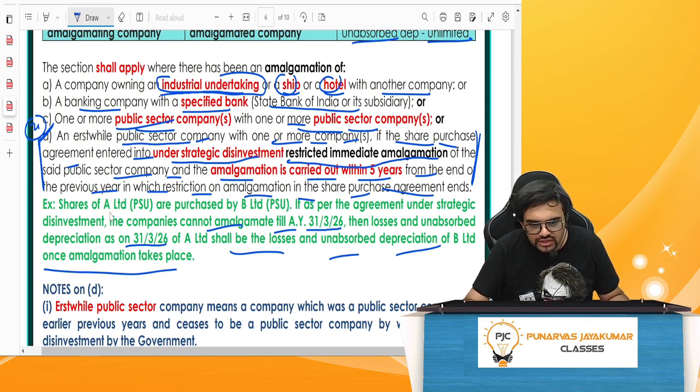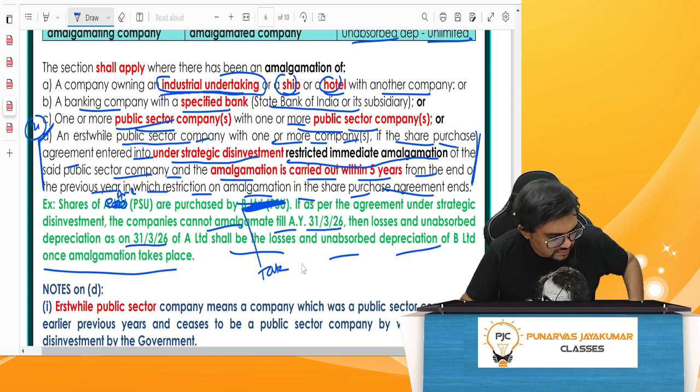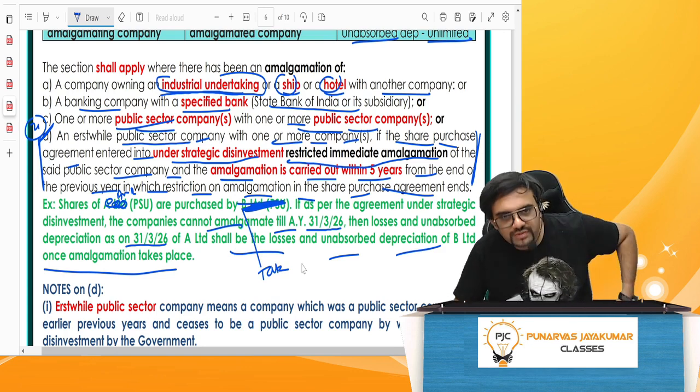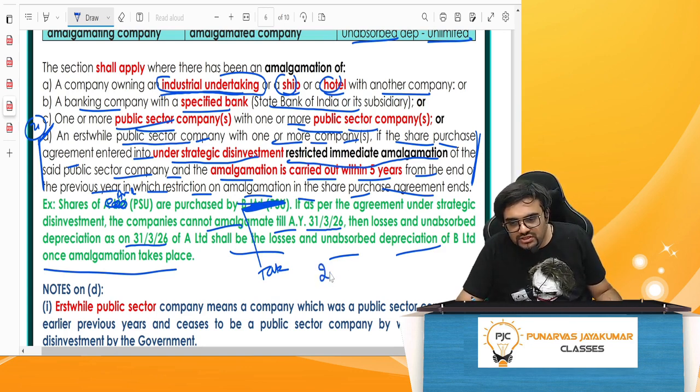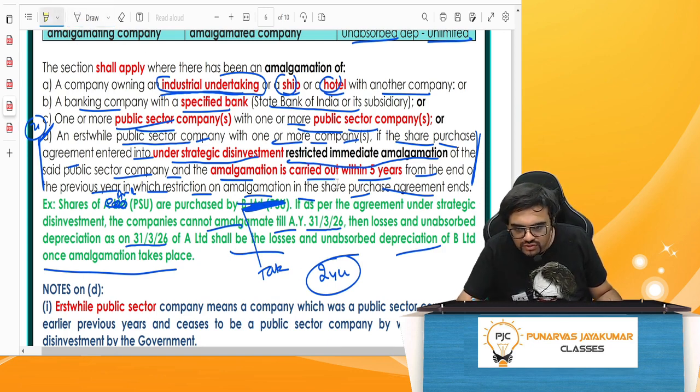So here the shares of Air India, the PSU, are purchased by Tata. The share purchase agreement will say that for 2 years amalgamation will not take place. So when will the restriction end? 2 years later. From that you should carry out the amalgamation within 5 years. That's the condition.